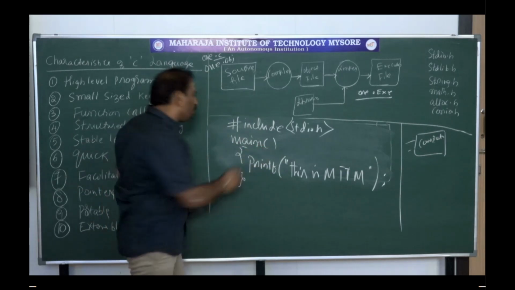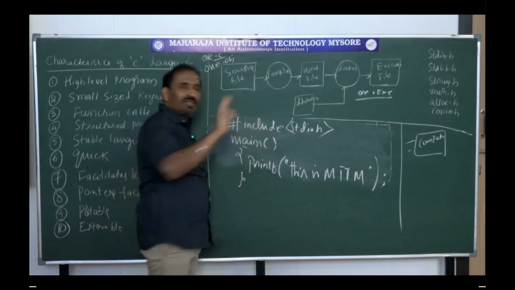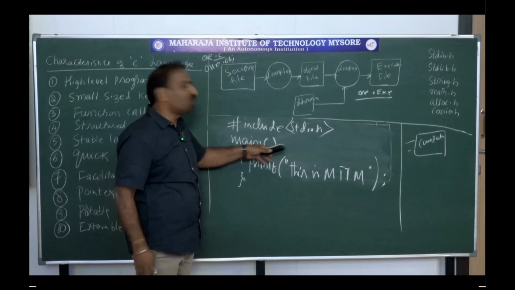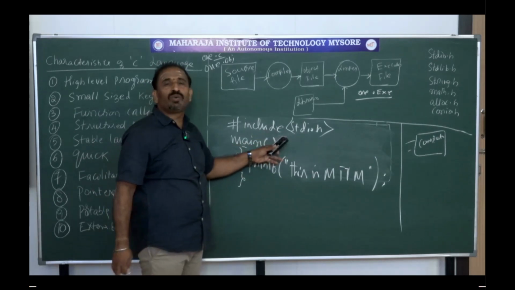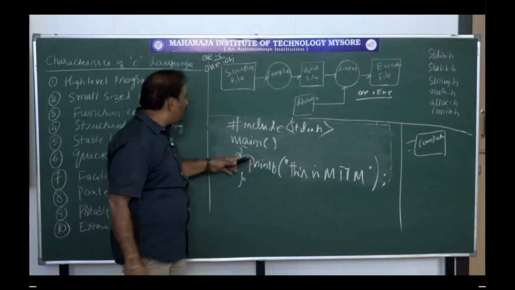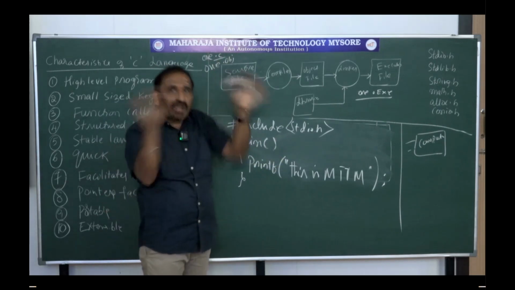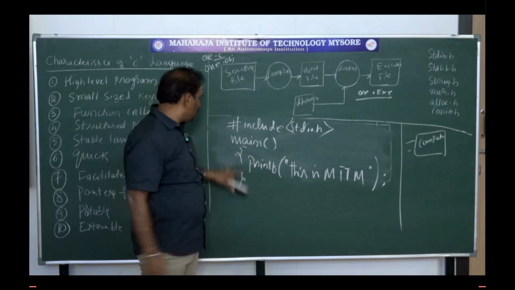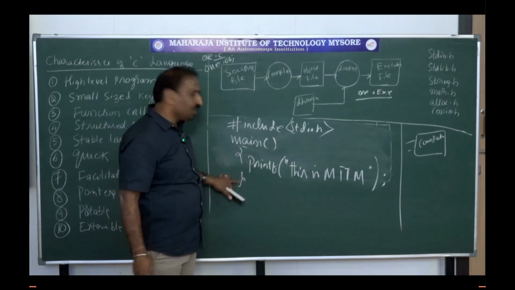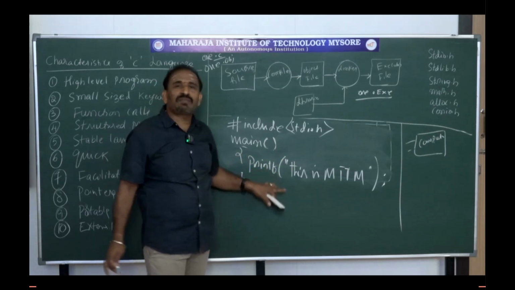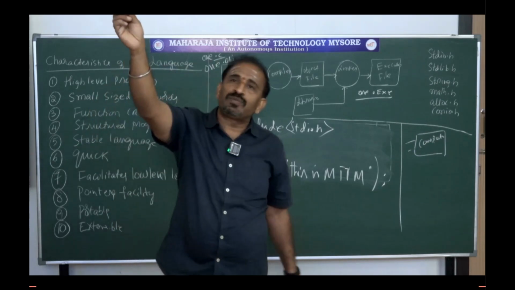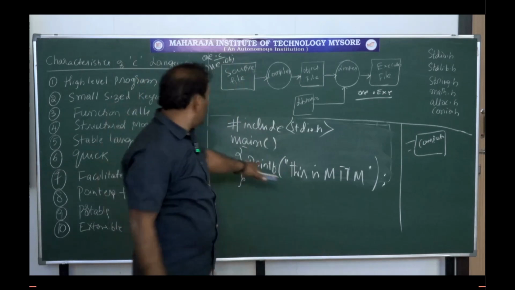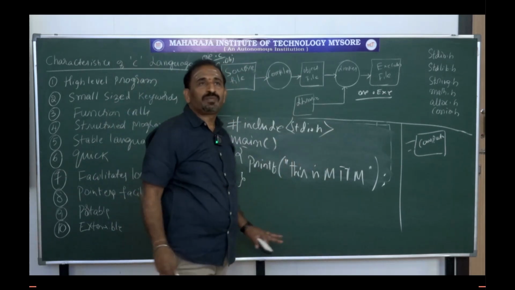Main is a function, so functions are written like this. I will explain how to write functions in the subsequent classes. Main is written with two brackets like this, and the body of the program is written with the curly brackets. Now I am using one print statement, saying please print, this is MITM.